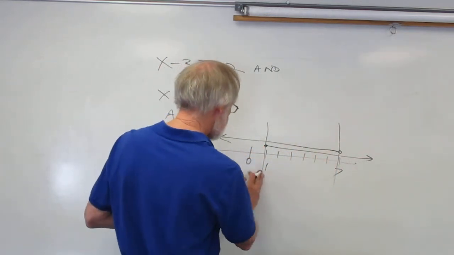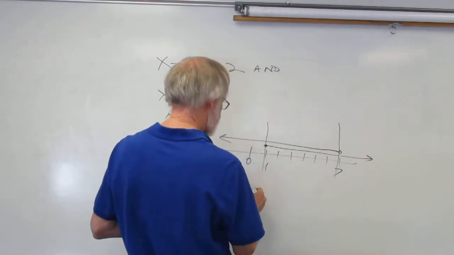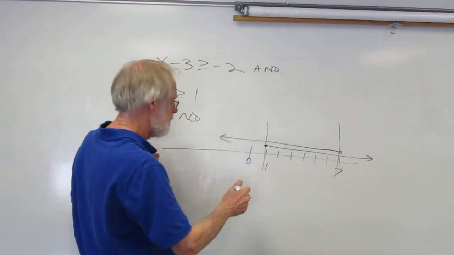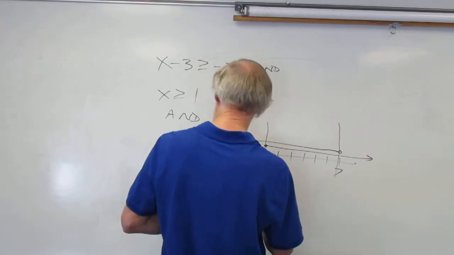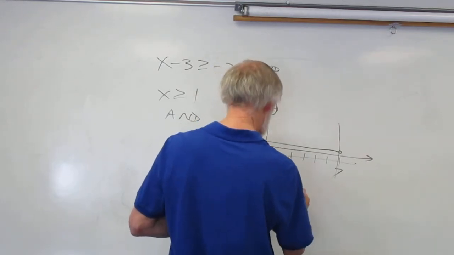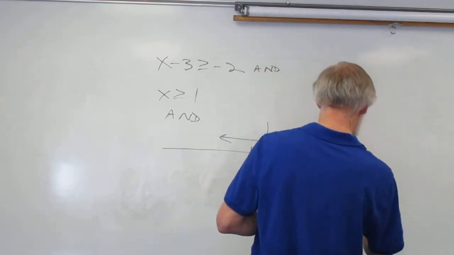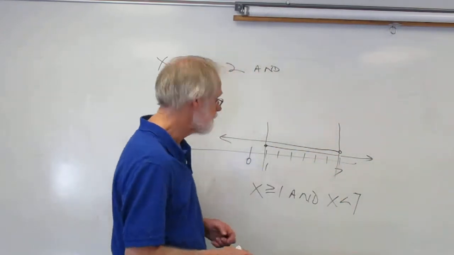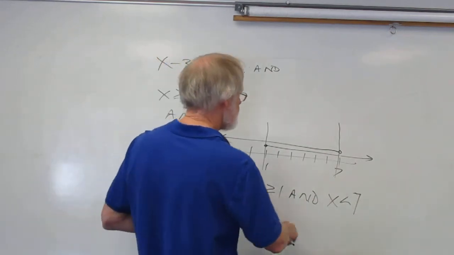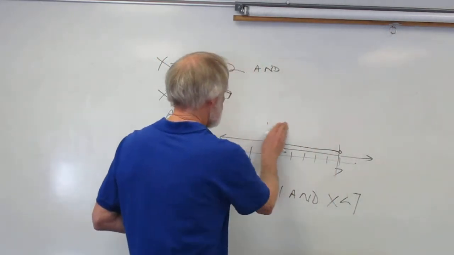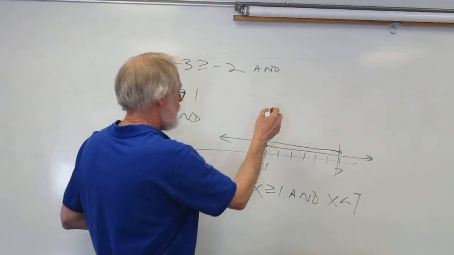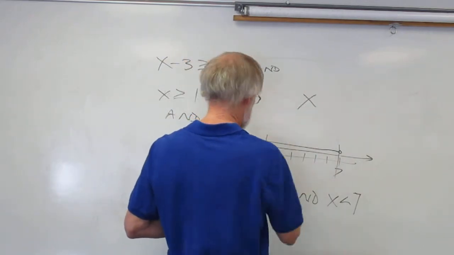Okay, so now that we've simplified these, we could write that as x is greater than or equal to 1 and x is less than 7. We could do it that way. Or we could write it as a single, what's called a compound inequality, in which case we put the x in the middle.